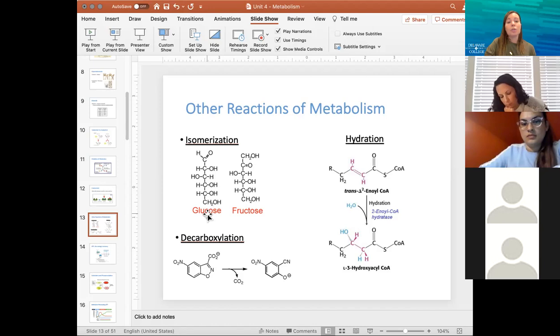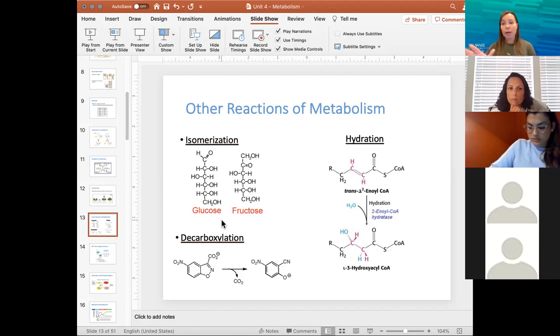If you look at glucose and fructose, glucose can go through an isomerization reaction to become fructose. You don't have to count, but if you want to prove it, you can see that these two molecules have exactly the same chemical formula, the same number of carbon, oxygen, and hydrogen atoms. We haven't added or taken away anything.